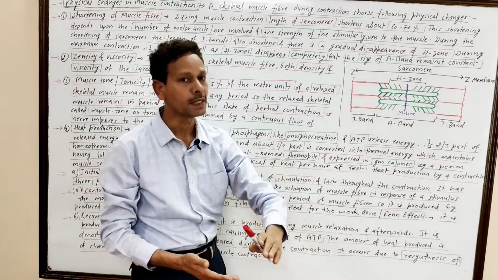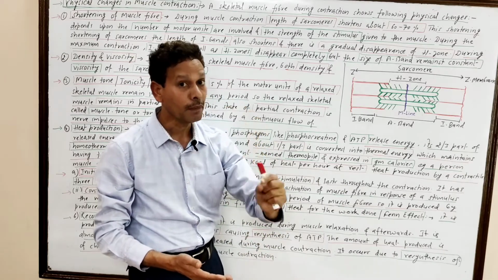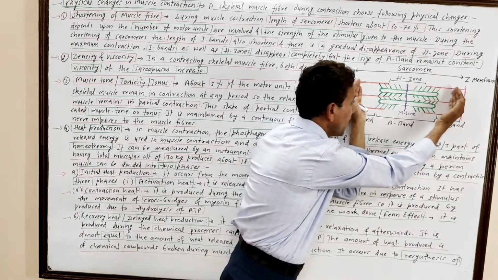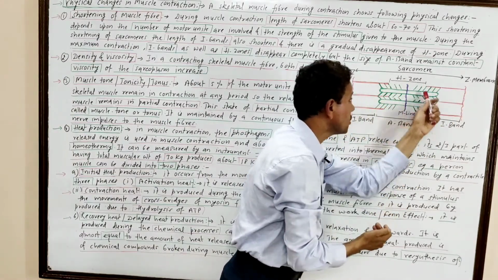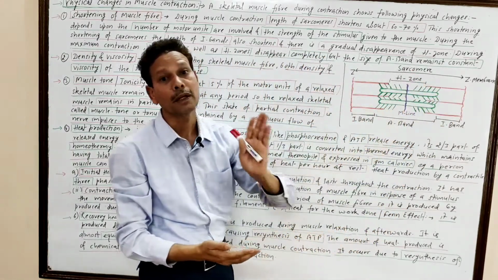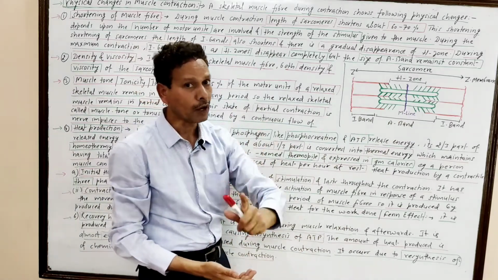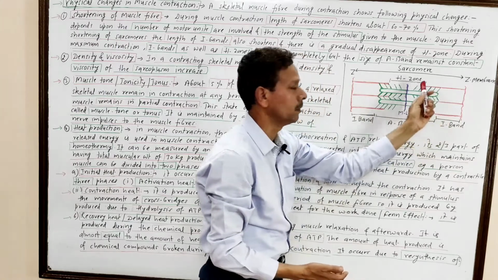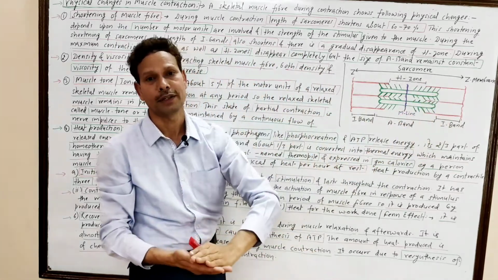Dear students, during maximum contraction, both I band and H zone disappear completely. But note down, the length of the A band remains constant.